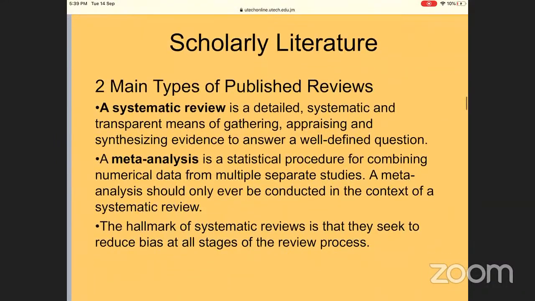So you want to look at reviews. If there are any meta-analytical reviews, you always want to look at those, because those are more precise, because they use statistical analysis. However, systematic reviews do not use statistics. They essentially read. They use inclusion and exclusion criteria to decide which papers should be included.